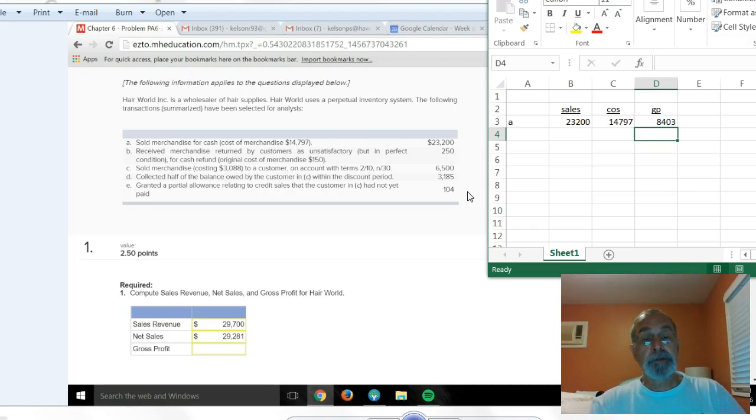So customers are returning merchandise that they had previously bought. And it says, by the way, but in perfect condition. Why are we being given that information? Well, if you think about it for a second, you might ask the question, okay, since the merchandise is being returned, what are we going to do with it?